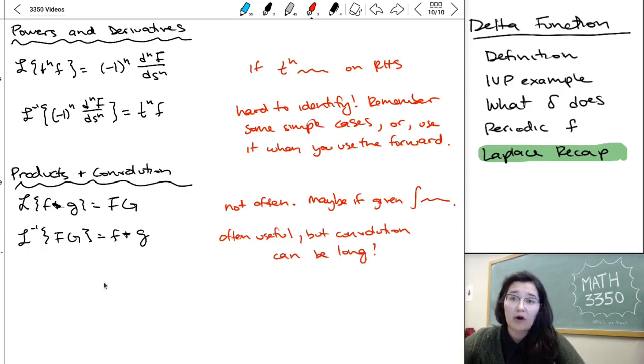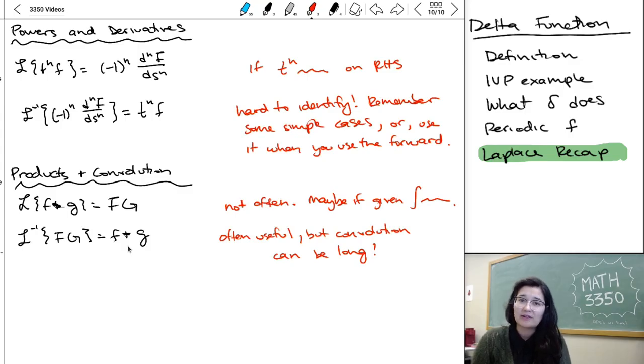So L inverse of a product equal to something is super helpful. Something that you have to decompose with partial fraction decomposition can be addressed like this. Some of these derivative terms can be addressed like this. So this inverse can come up a lot. The warning being that the convolution to get to your final answer can be super lengthy. And depending on what you like, that might not be your preferred way to do a problem.